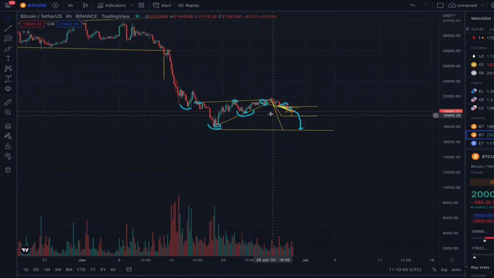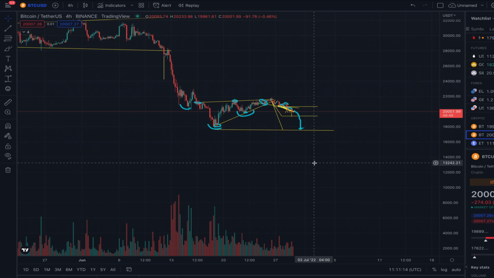Now if we zoom out here, and this is still on the 4-hourly, we will see that this ascending triangle that we are looking at here constitutes a bearish pennant. Now in my other video, I was teaching you about bull and bear flags, and what I did not tell you is about bear and bull pennants.